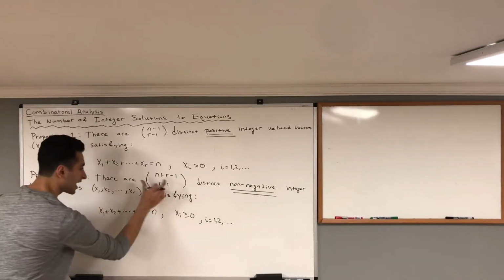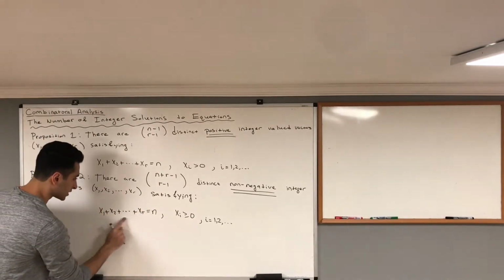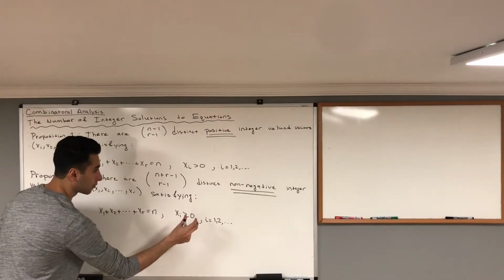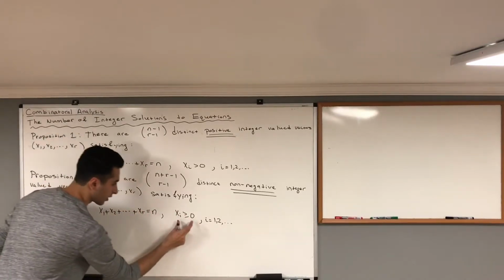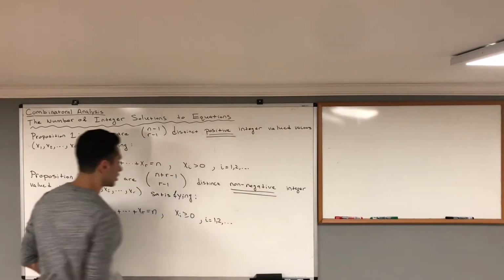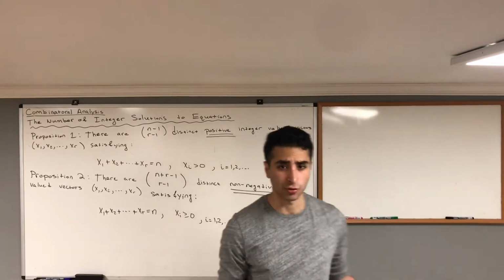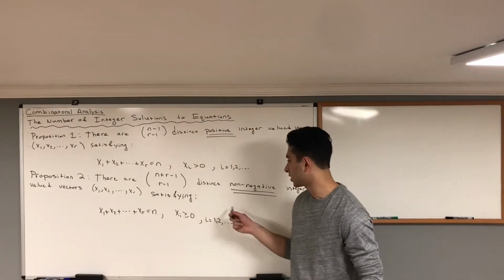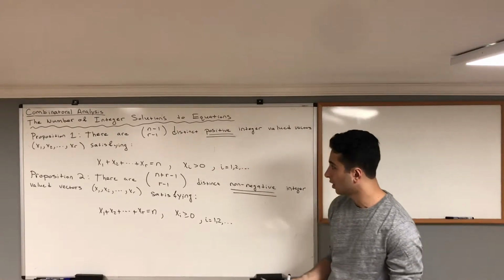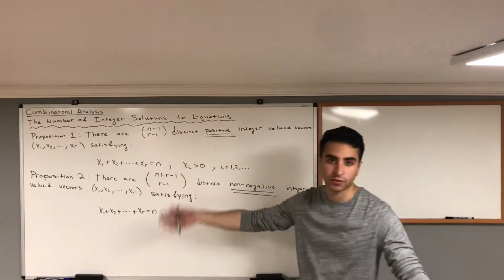So again, this counts the number of lists that include the values here that will actually equal your n. And each term here has to be greater than or equal to 0, and it has to be a non-negative integer. Remember, so you can't have 4/5 or the square root of 2. It has to be an integer, and in this case, non-negative. Here it has to be positive. And that's it. This is how you count for positive, and this is how you count for non-negative.